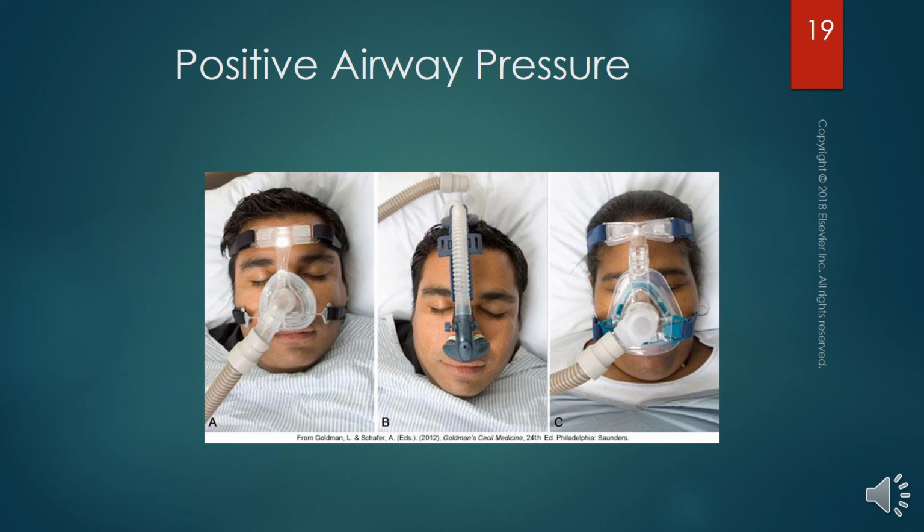A lot of the patients that I had when I did respiratory care and home care liked the nasal pillows because of the way they fit into the nose. They're not covering the whole face, and you see how the tubing goes up between the eyes and over the head, and it's secured that way, so you don't have that tubing to deal with down on your body while you're trying to sleep.